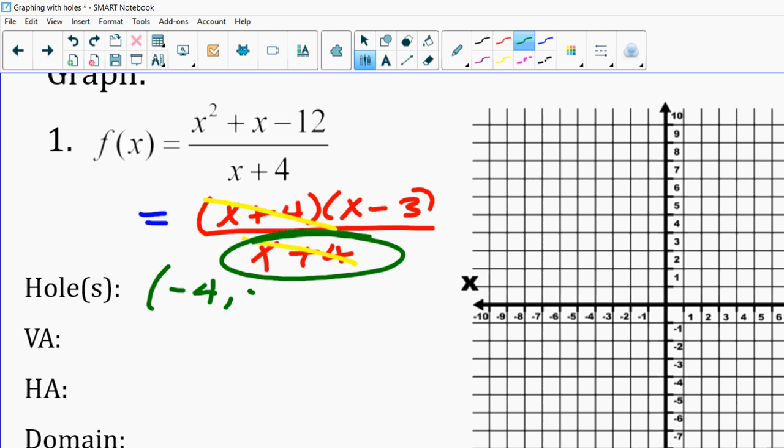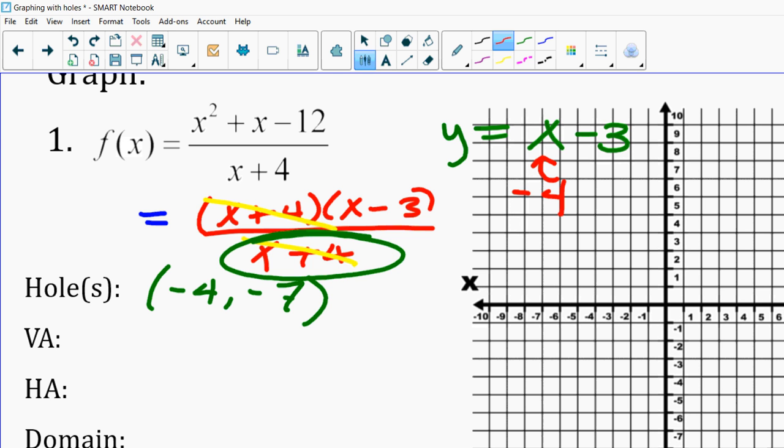Now, the question is, how can I prove to you, because you have little faith, that that y value really is -7? Well, remember, when we factored out the common factor, we were left with x minus 3, right? What do you get when x is -4? What's -4 minus 3? -7.